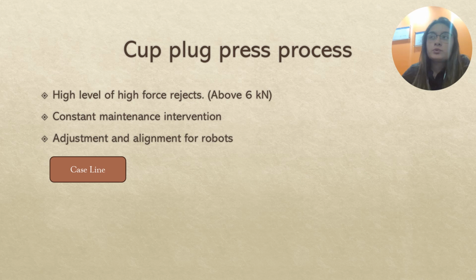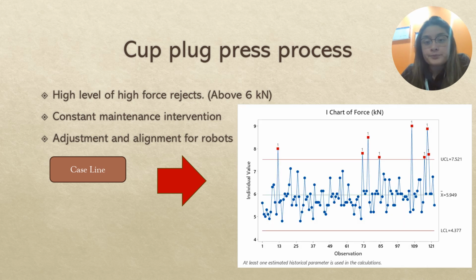This is due to different causes, one of them being the high level of rejects. These rejects are for high force over the target or upper limit of 6 kilonewtons. And we will see on the control chart that the mean is 5.9, which is already almost on that limit of 6 kilonewtons.